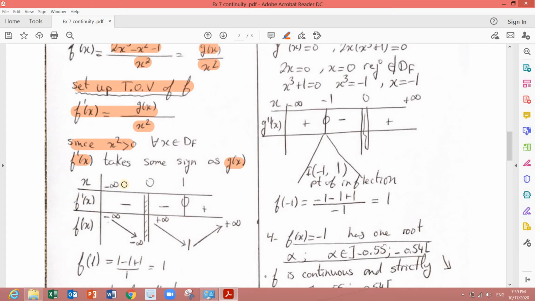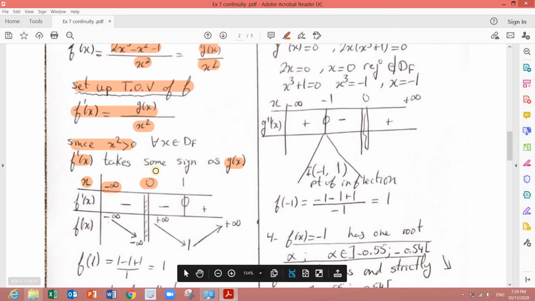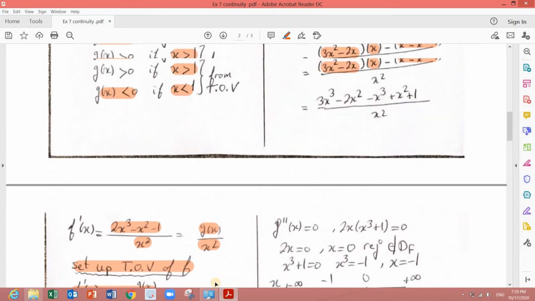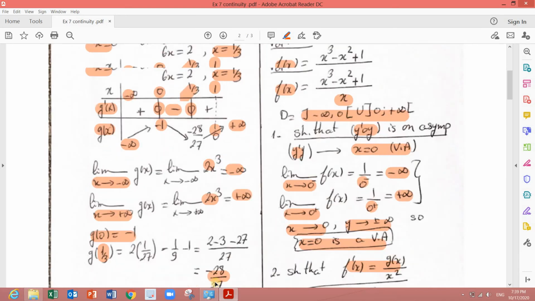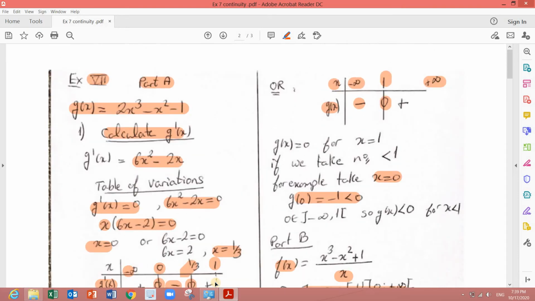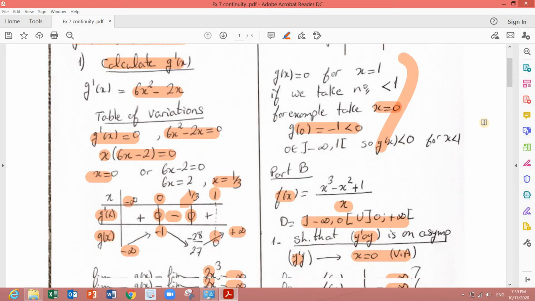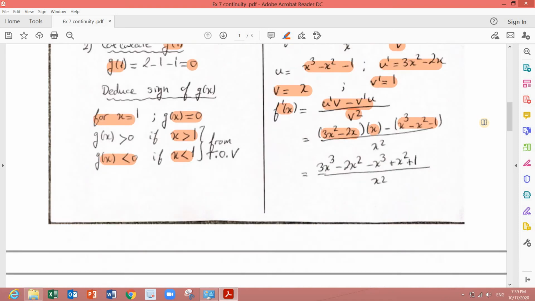So in this table of variation, x varies from minus infinity to 0, which is the domain, and then from 0 to plus infinity. Then f prime x and f x. As we have seen in the previous parts, for g x, before 1 it is negative, and greater than 1 it is positive.